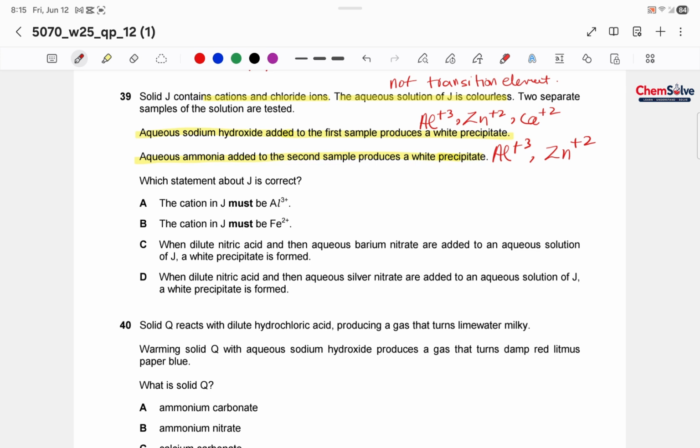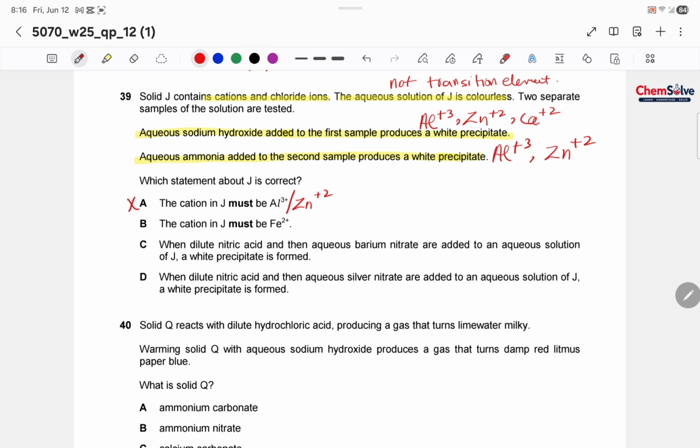Which statement about J is correct? The cation in J must be Al3+. No, this couldn't be the option, because we just discussed it could be either Al3+ or Zn2+ according to the given information. So it's not must Al3+. This option is not correct.